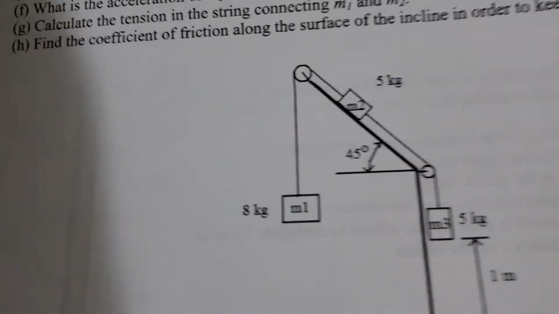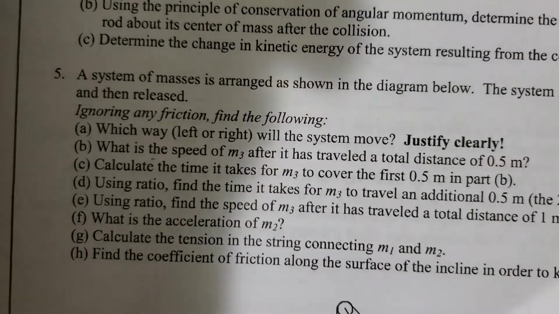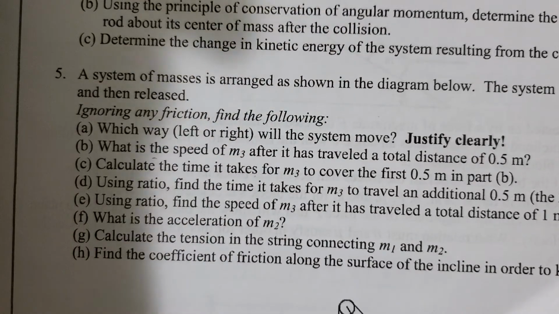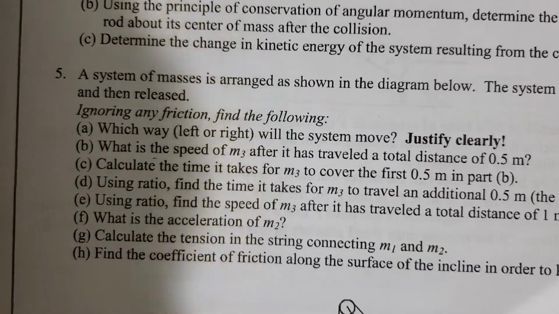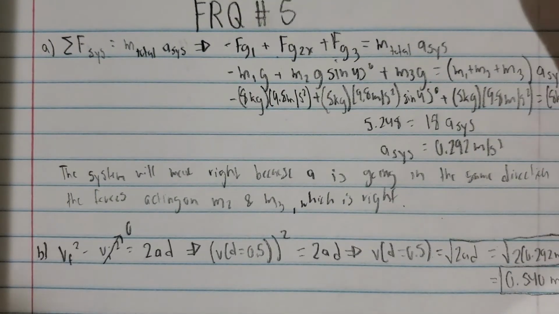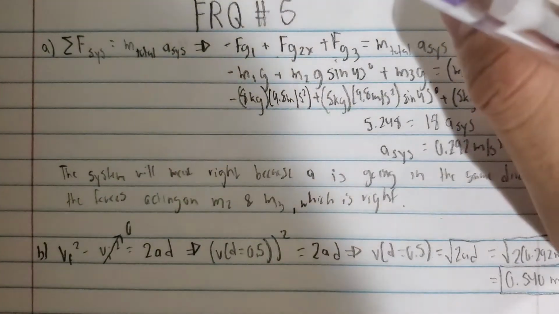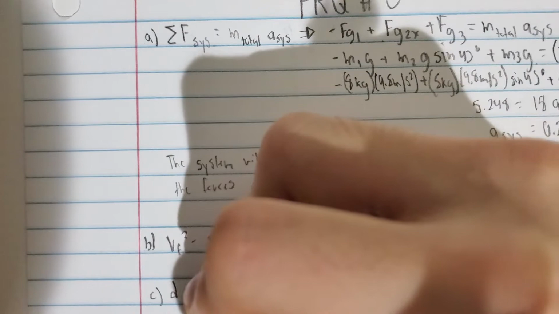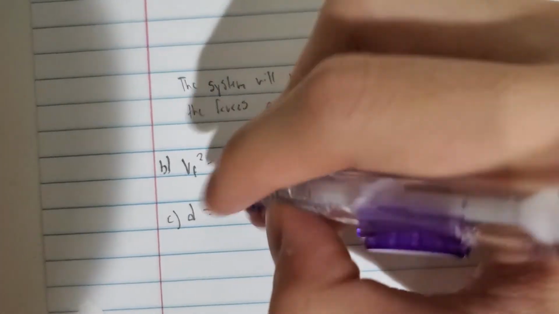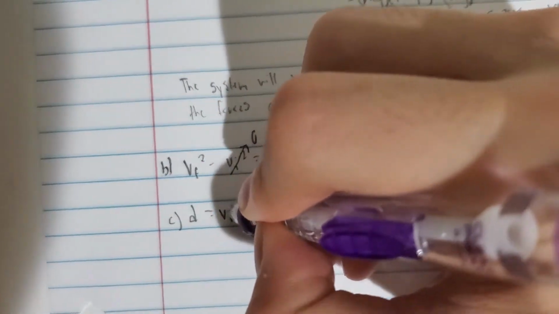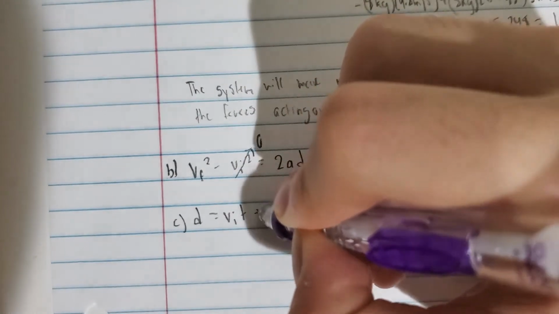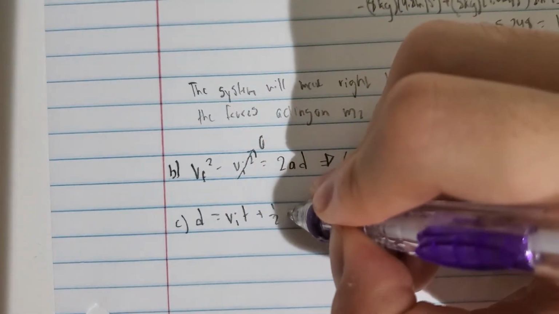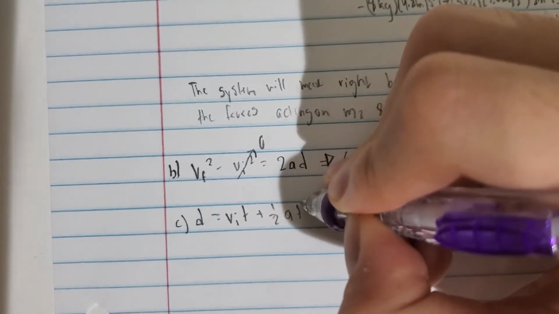All right, part C wants me to calculate the time it takes for M3 to cover the first 0.5 meters in part B. So for part C, I'm going to use a different kinematic equation. And it is this: D is equal to Vi times T plus 1/2 times A times T squared.